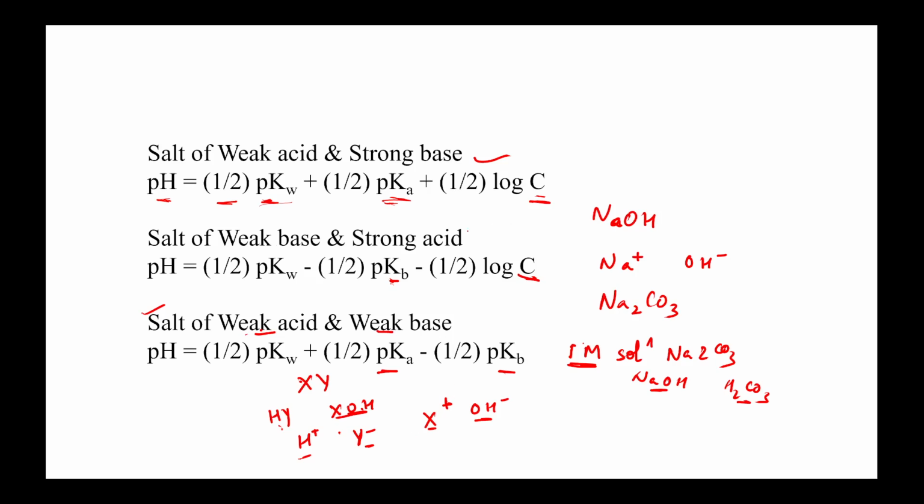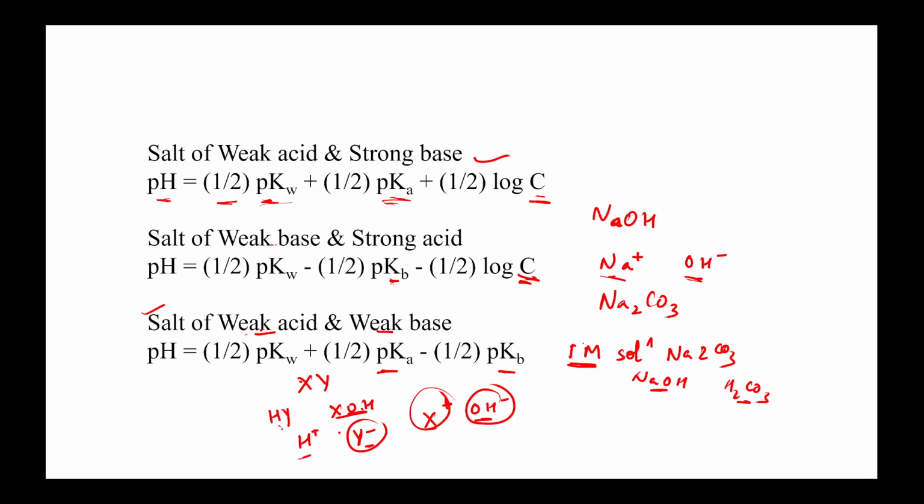So what is the pH actually? pH is basically the log of H plus ion concentration, right? So the final H plus ion concentration will be dependent on all these ions. So instead of taking the total concentration, here also the total concentration is basically a club of the ions that are there for the acid and the base.